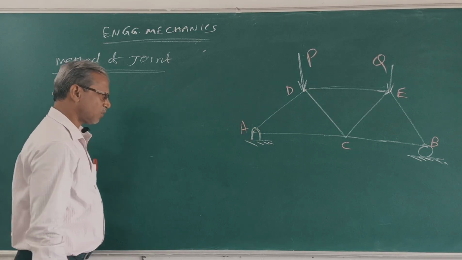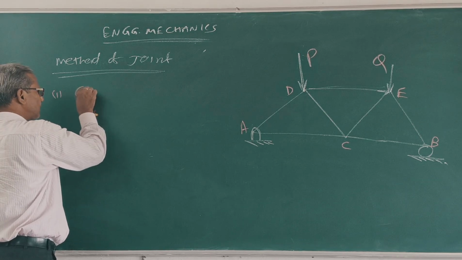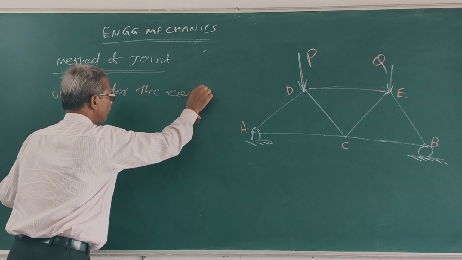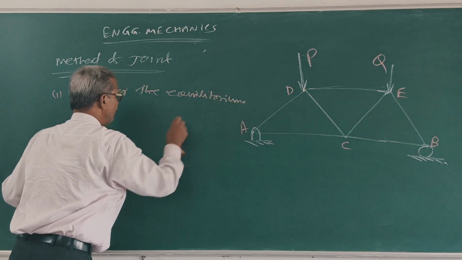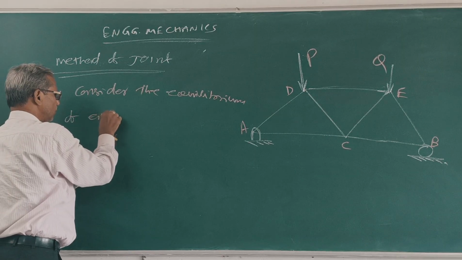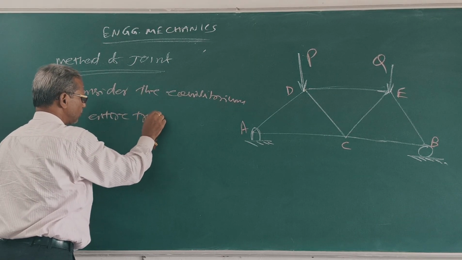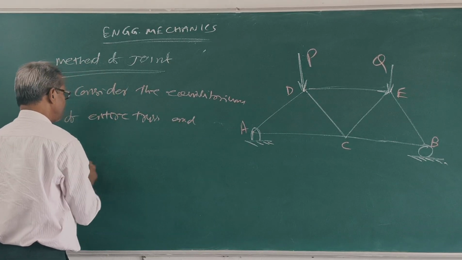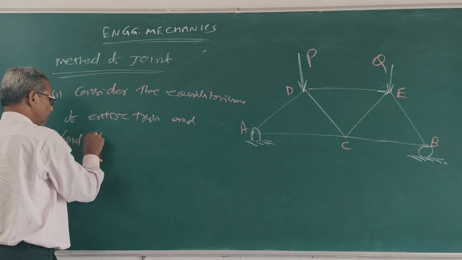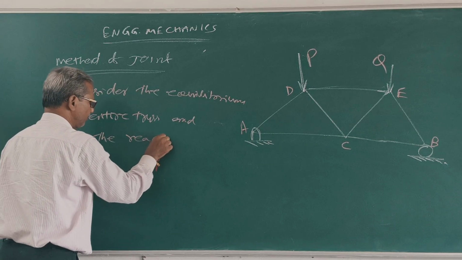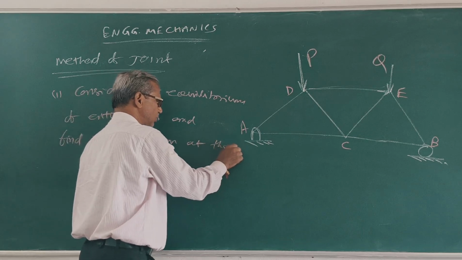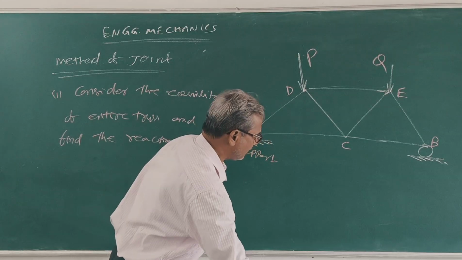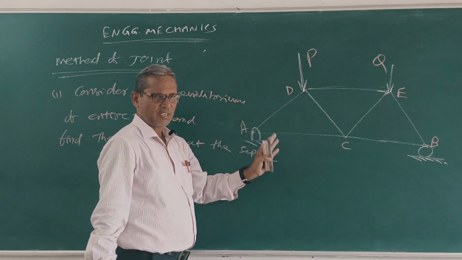Number one point: consider the equilibrium of the entire truss and find the reaction at the support. First, we'll consider the equilibrium of the whole figure.